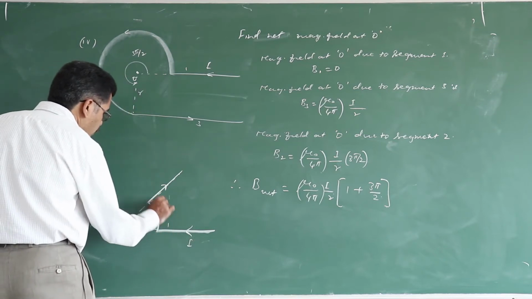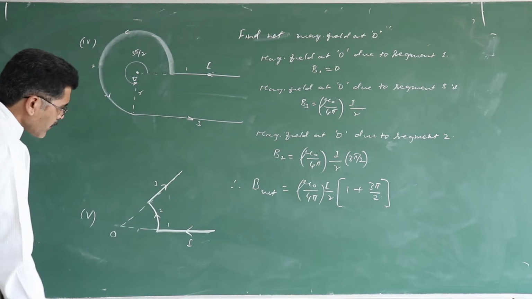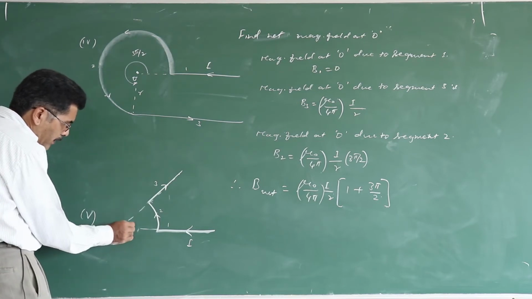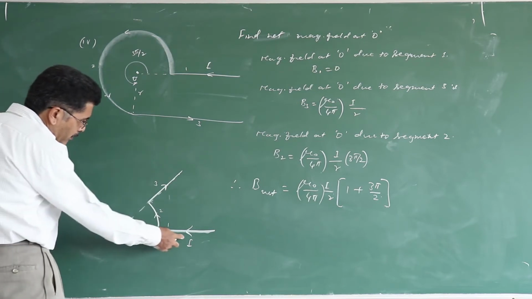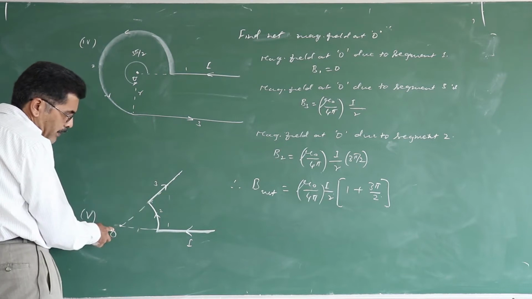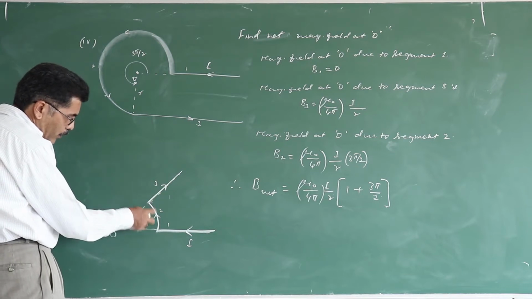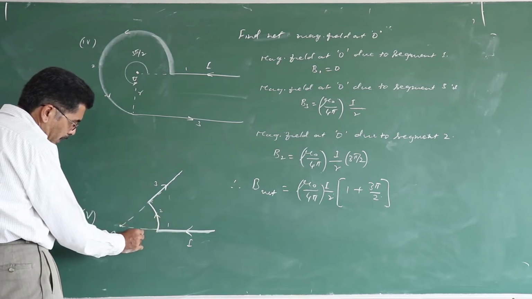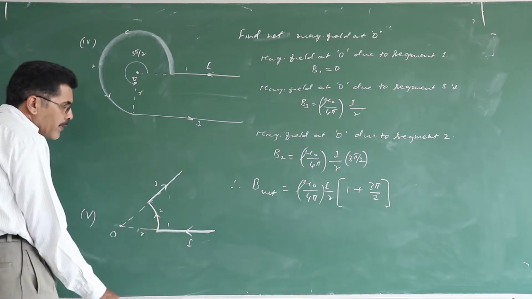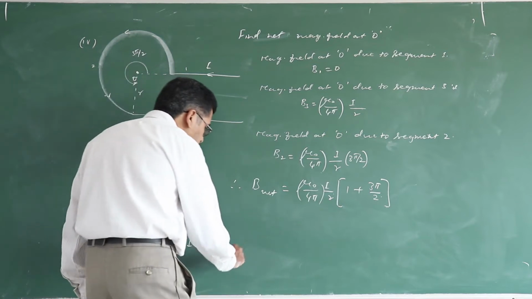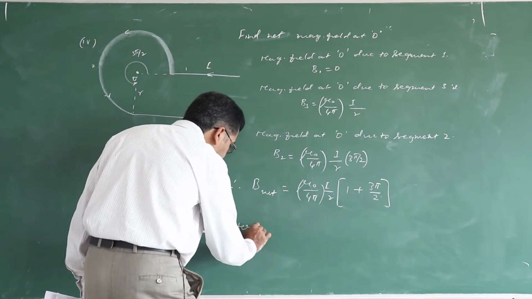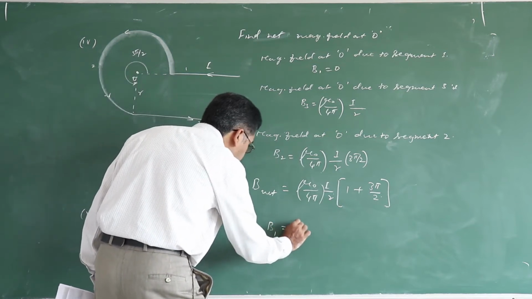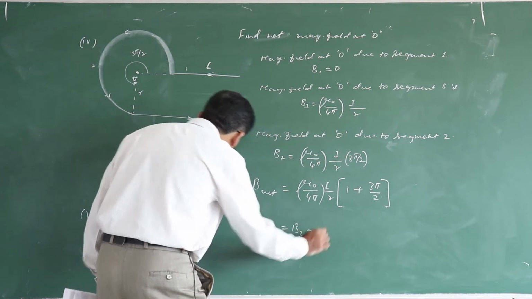So 1, 2, 3. Here the magnetic field at O due to segment 1 and segment 3 is 0 because they lie along the axis. Only this particular part contributes. If you take this distance as R, then you can write B1 is equal to B3 is equal to 0.